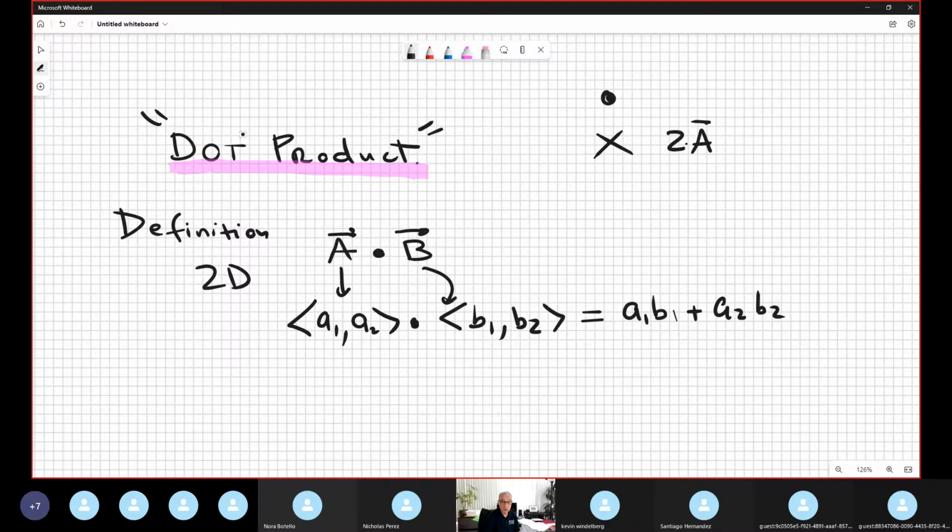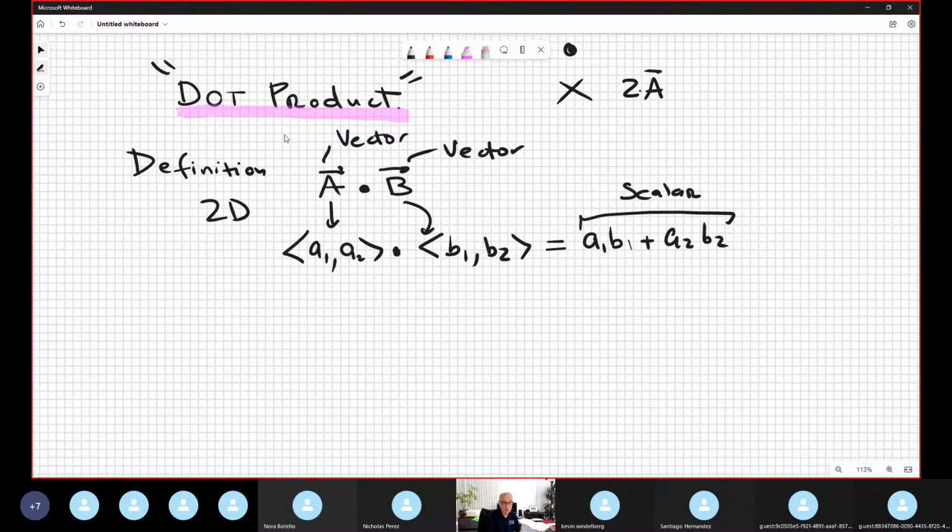Unbelievable, but it's true. This is a vector, this is also a vector, and the answer for the dot product is a scalar. It's just a number. Don't worry about this. This is just the definition. However, what is the interpretation of this scalar?